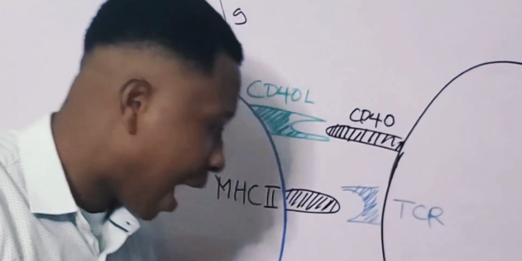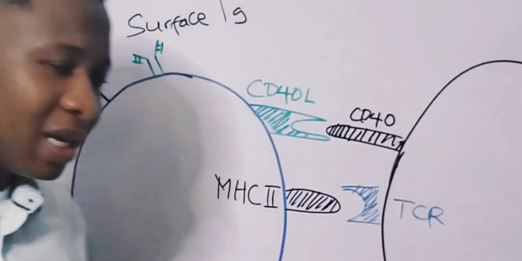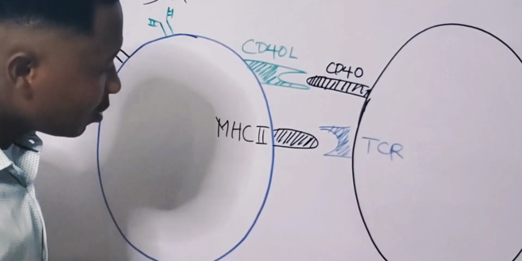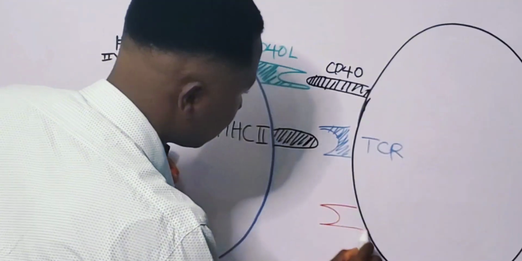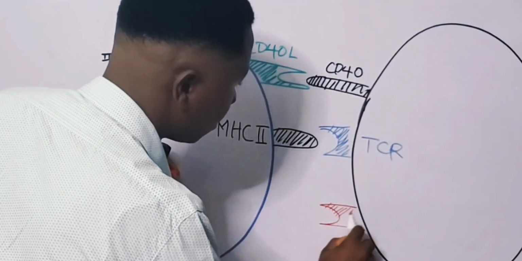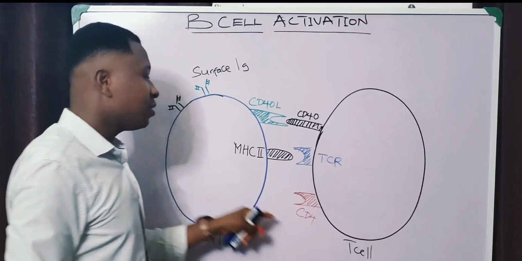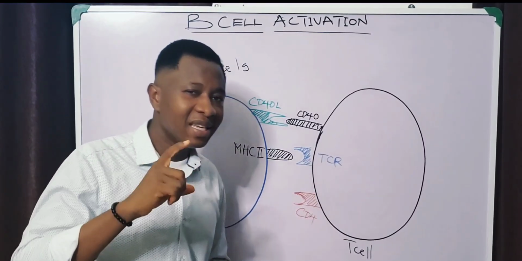All right. Another type of molecule we will have on the surface of the T cell is the characteristic molecule. And that is what we call the CD4. And this is what makes this T cell a T helper cell.